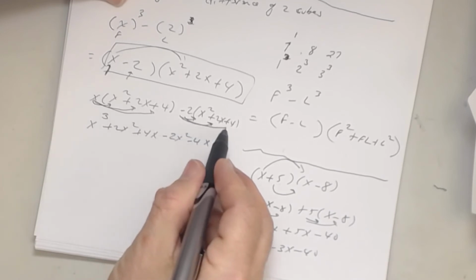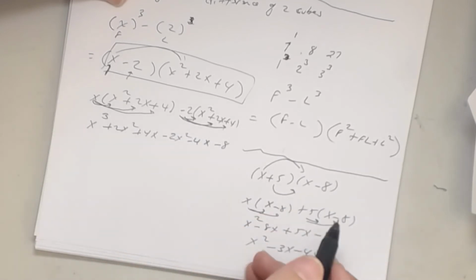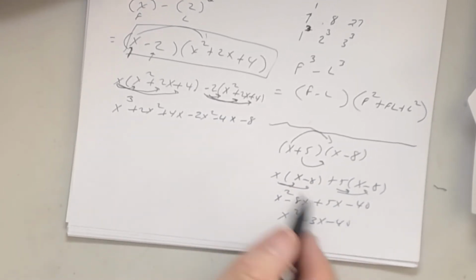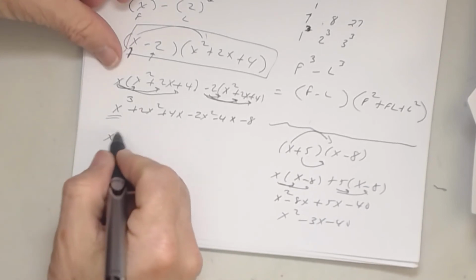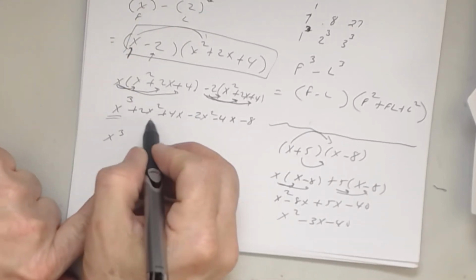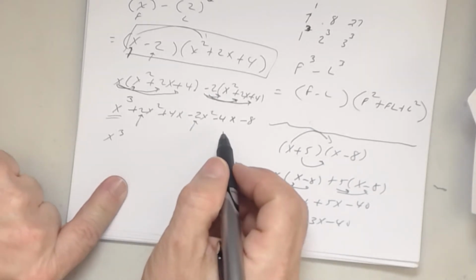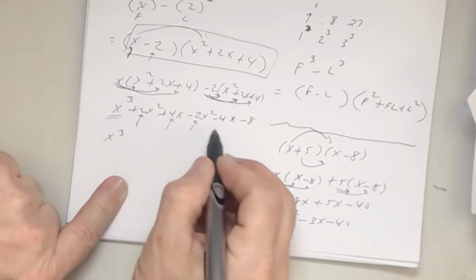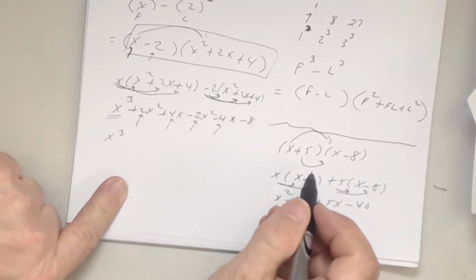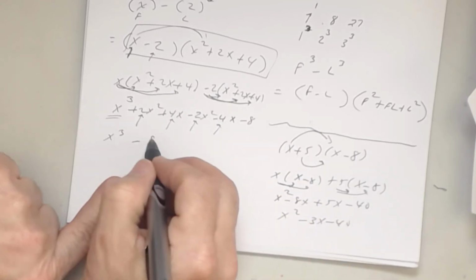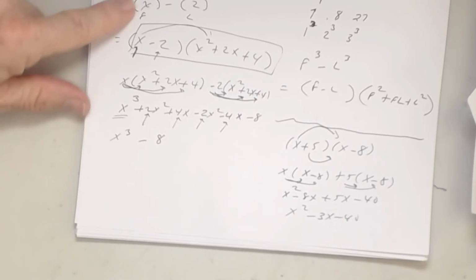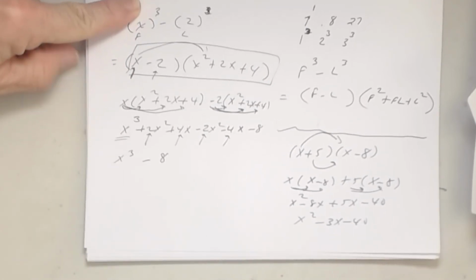What's negative 2 times 4? Negative 8. All right. Combine like terms. You have x cubed. I want you to notice 2x squared and negative 2x squared is 0. 4x and negative 4x is 0. And all you're left with is what? Negative 8, and that's what you wanted to factor. See it?